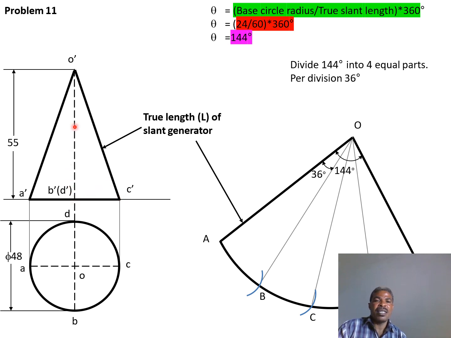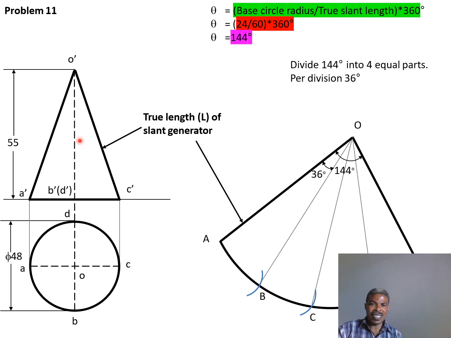Then knowing that the altitude is provided 55 millimeters long, so we reach somewhere there. Then we note that is A dash, O dash to C dash, back to A dash. So you obtain now the front view of our cone.